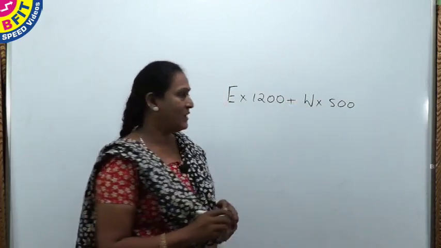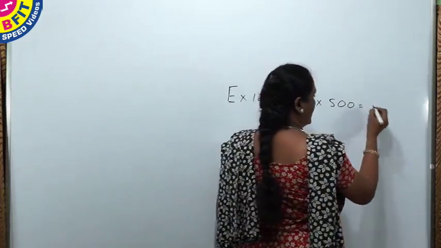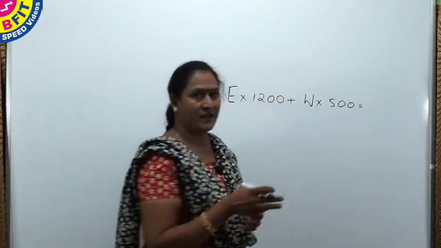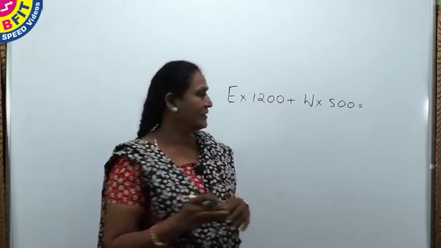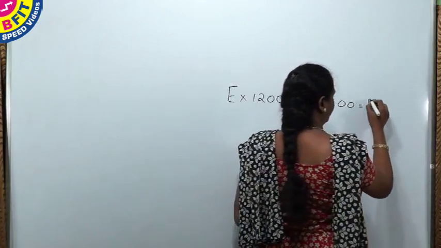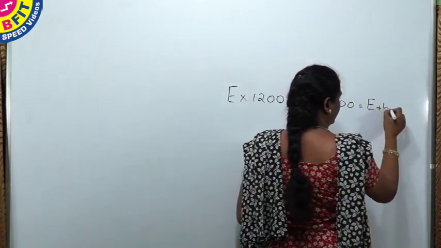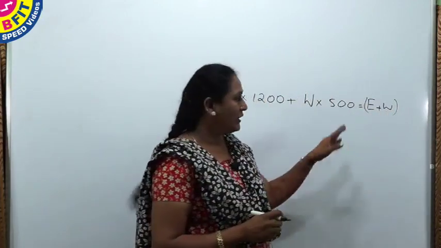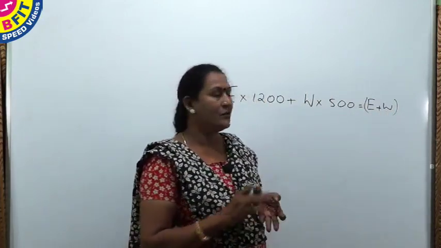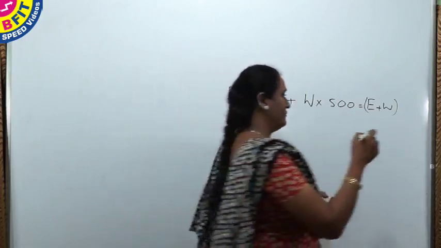So this will be equal to, now the number of persons in this factory is E plus W, that is the number of engineers and workers. So the number of persons is E plus W into their average salary, which is given as 800.